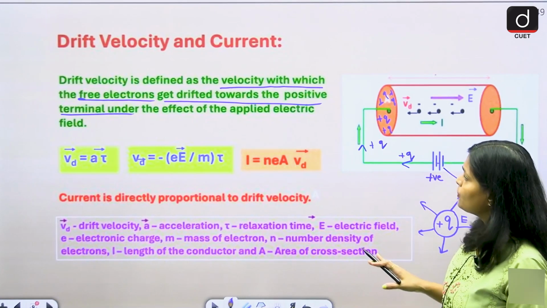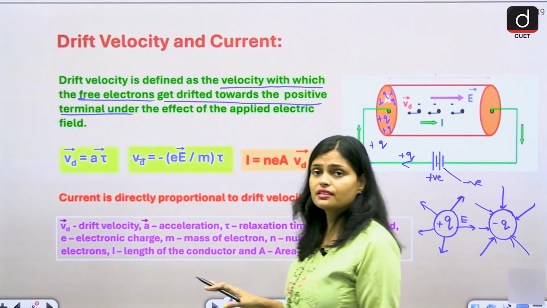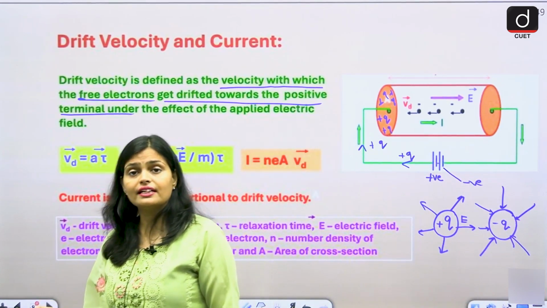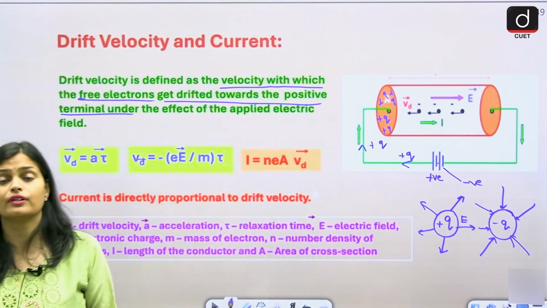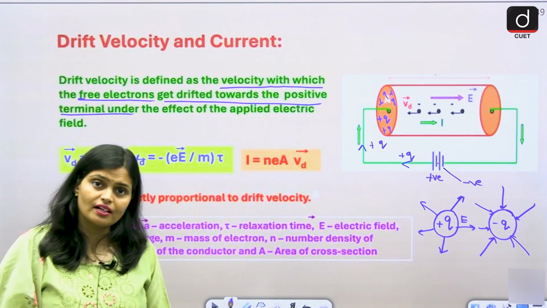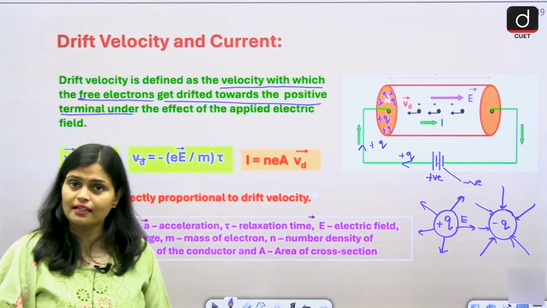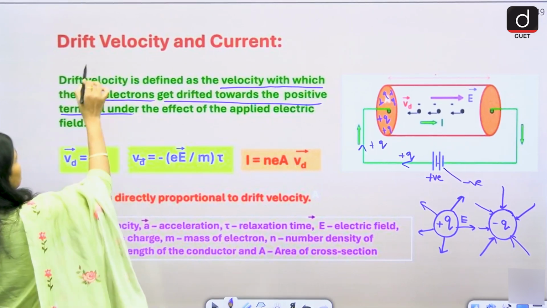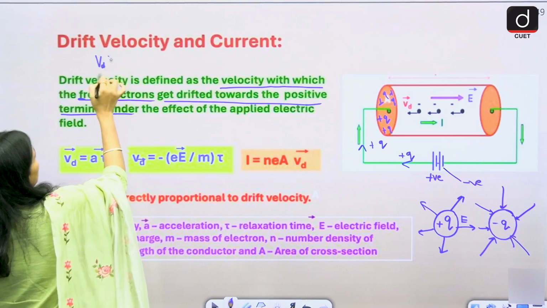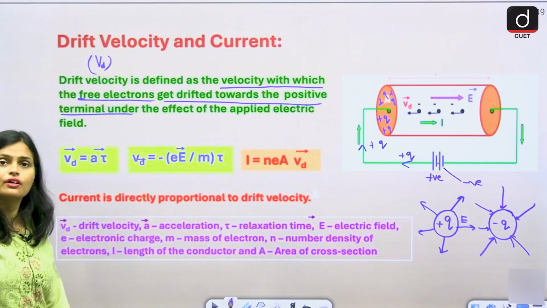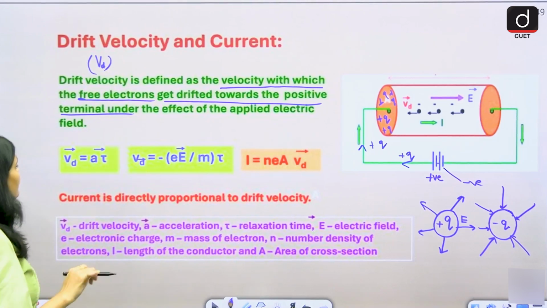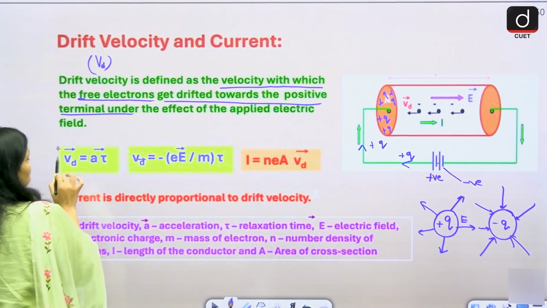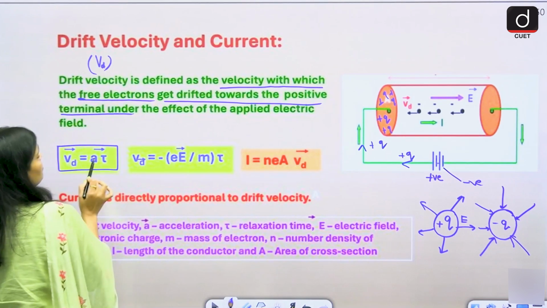What is drift velocity? The velocity gained by an electron on moving from the negative to the positive terminal under an applied electric field. Drift velocity is represented by v and small d. This is the symbol of drift velocity. Drift velocity is equal to a into tau.